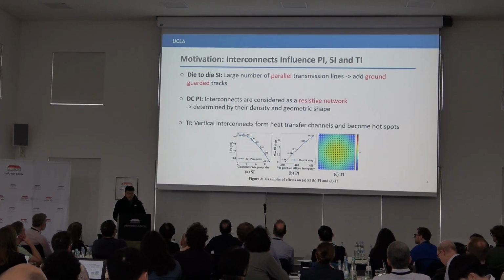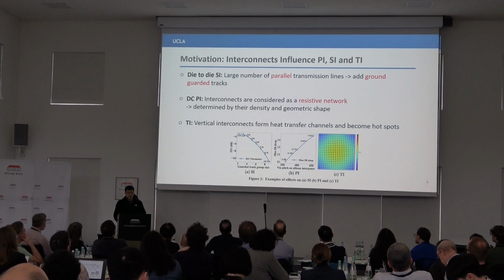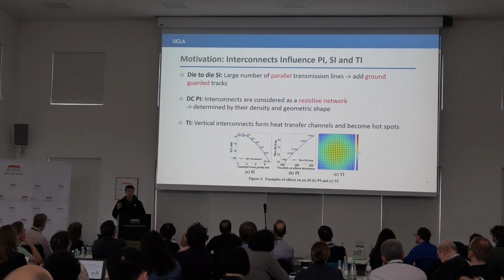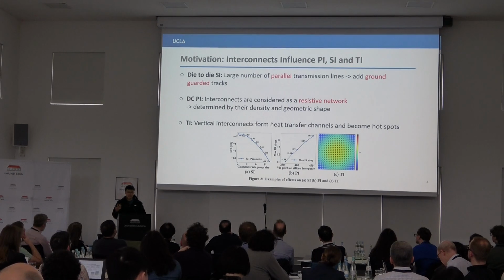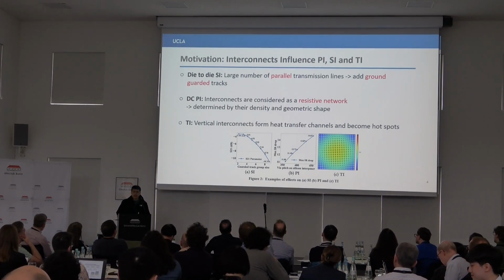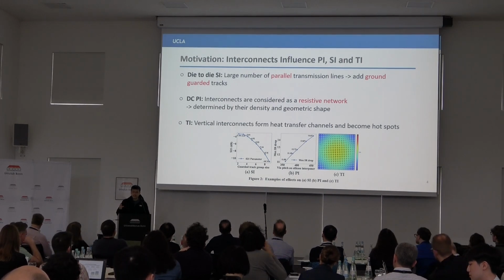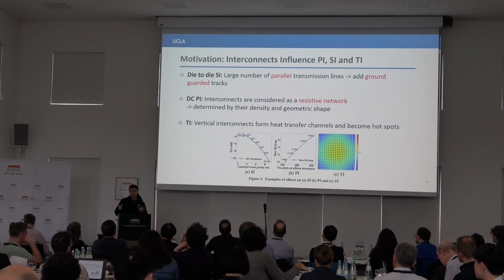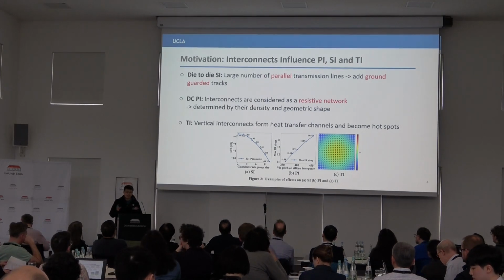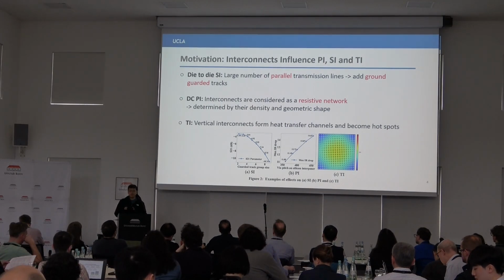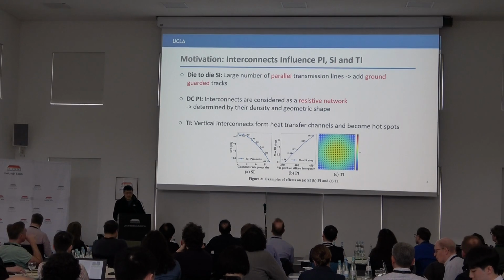And for die-to-die signal integrity, there is usually a large number of parallel transmission lines, for example, in modern memories such as HBM. And we need to add ground guiding tracks to form a GSG or GSSG pattern. And maybe we can add several signal wires between two ground guiding tracks.